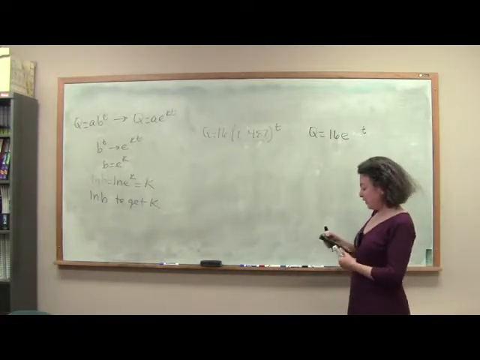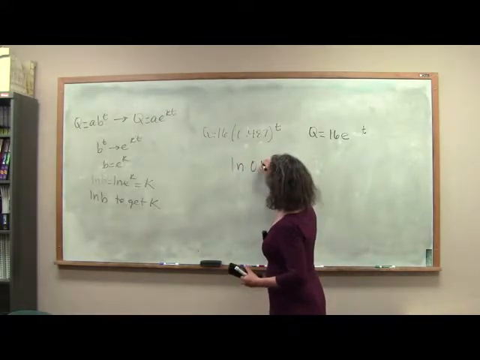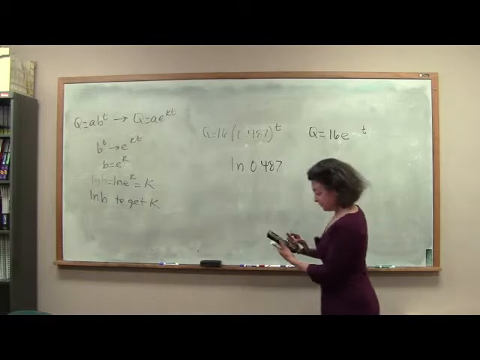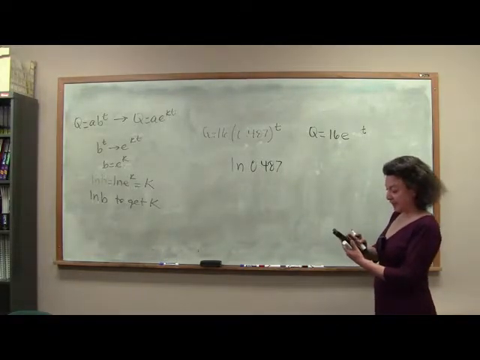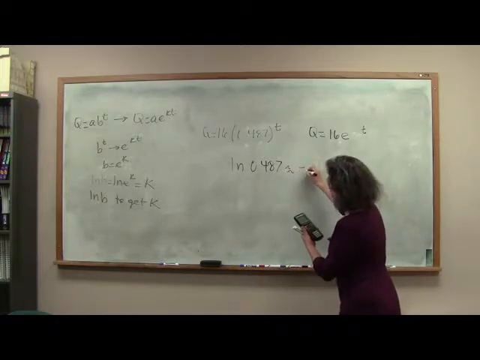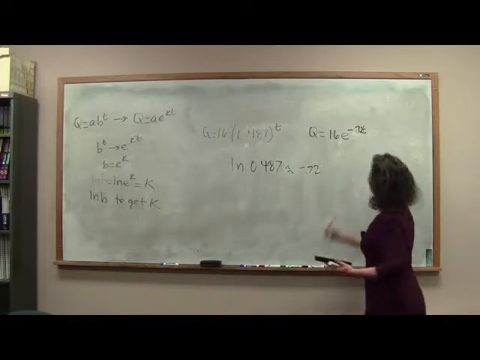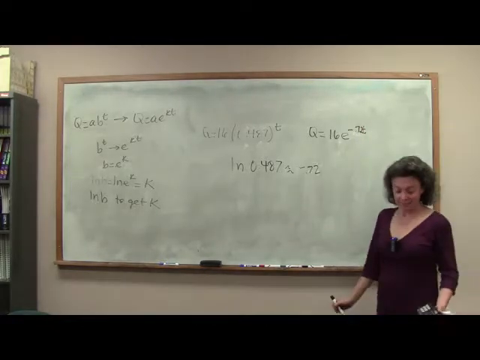All right, well, how do you get that value of k? All you do is take the natural log of b. So the natural log of 0.487 is about negative 0.72. And that's it.